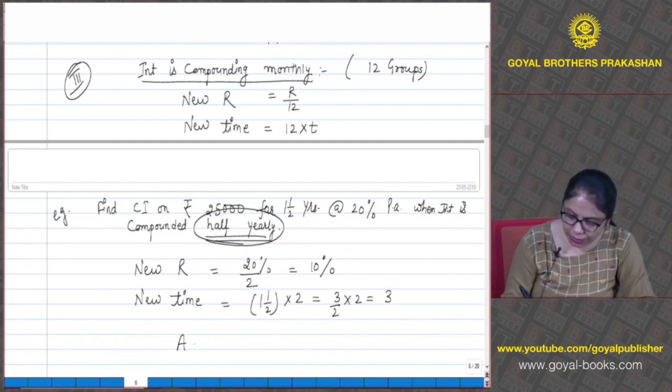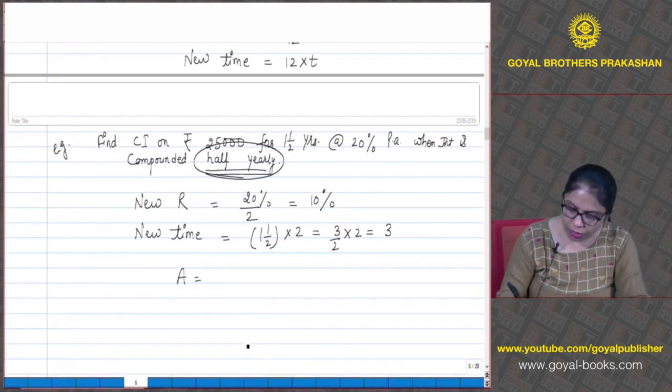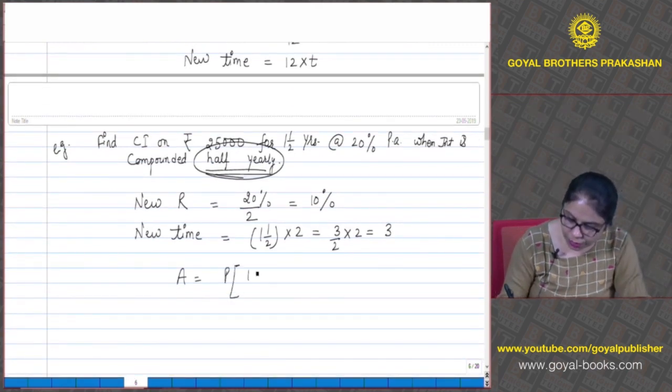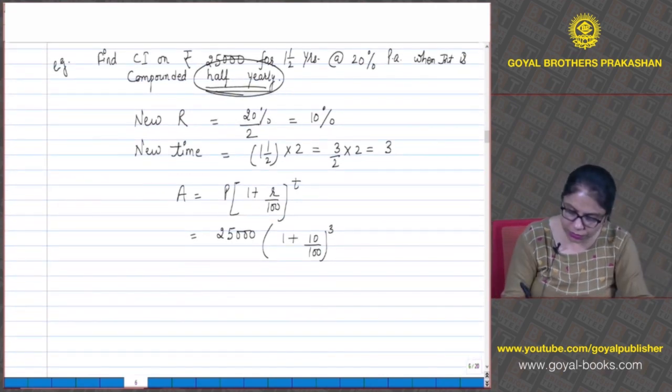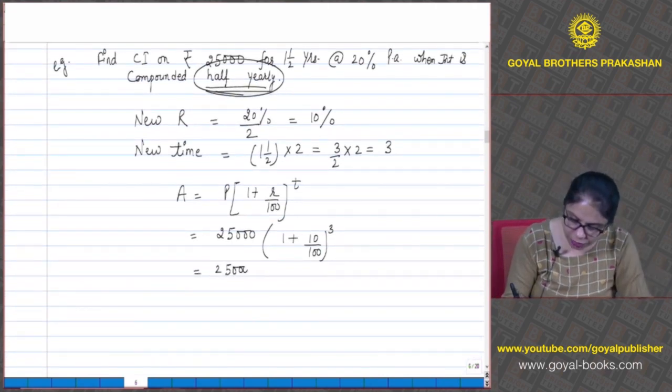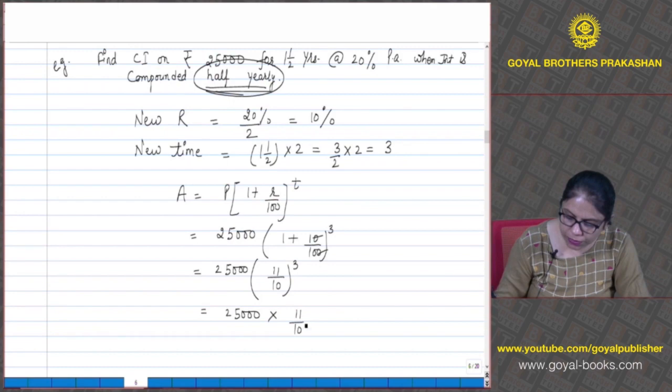Now we will apply the formula of amount. Amount is principal times (1 + rate/100) to the power t. Here principal is 25,000, rate is 10%, and time is 3 years. So this is 25,000 into 11 by 10 cubed, which means 11 by 10 multiplied by 11 by 10 multiplied by 11 by 10.